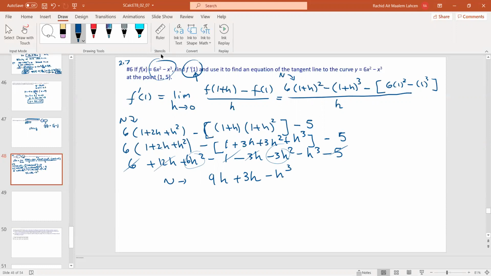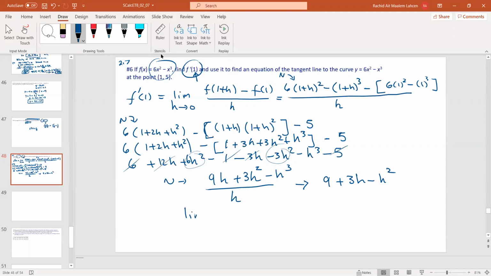So remember, this is the numerator, so if you divide it by h, you'll get 9 plus, this is a square, because it's 6h squared minus 3h squared, and minus h squared.